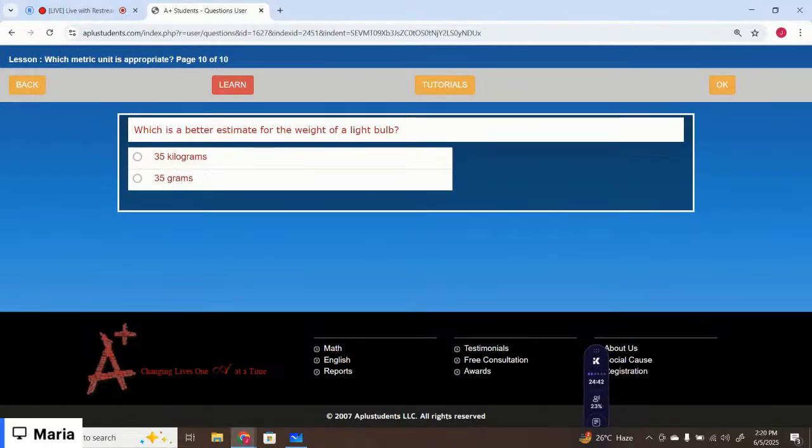Which is a better estimate for the weight of a light bulb?